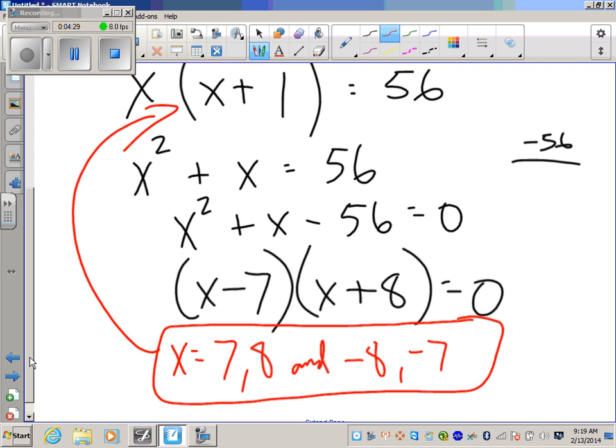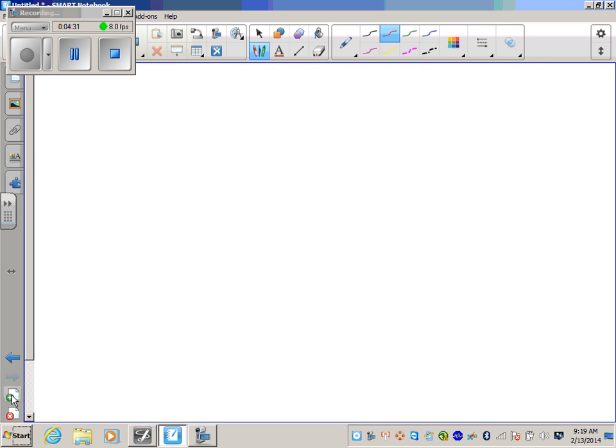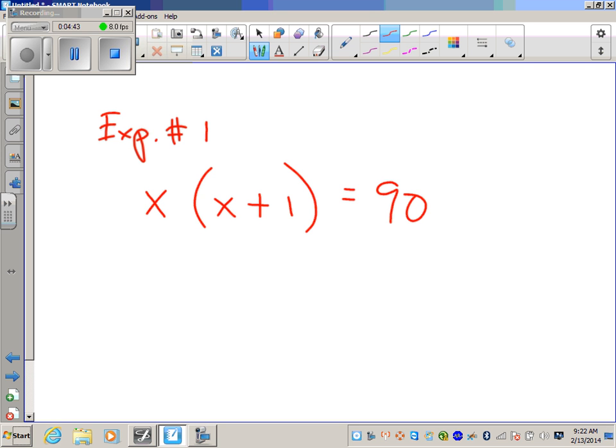Here, try one. Exploratory number 1. So, consecutive integers whose product is equal to 90. Foil it out. x squared plus x. Can we just move this right away? Negative 90 equals 0.